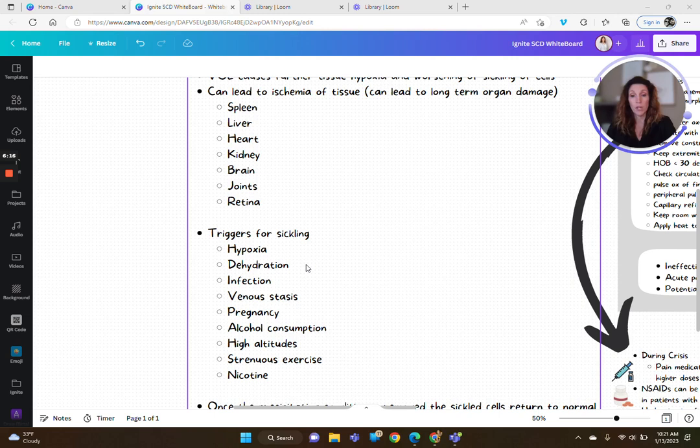Another one is dehydration. Dehydration can occur simply from not drinking enough fluids, but could also occur from drinking alcohol or taking diuretics. There are lots of things that could cause dehydration. So, that's something that can make less blood volume present.